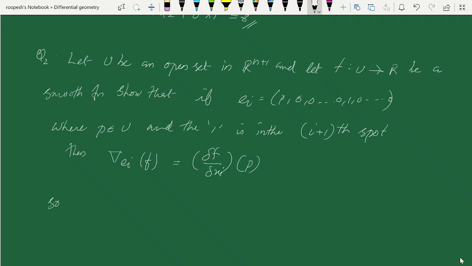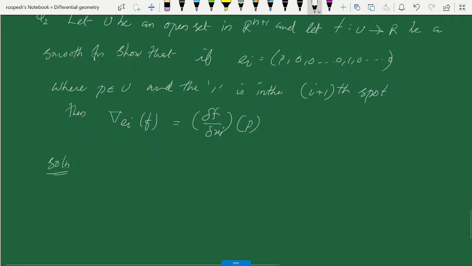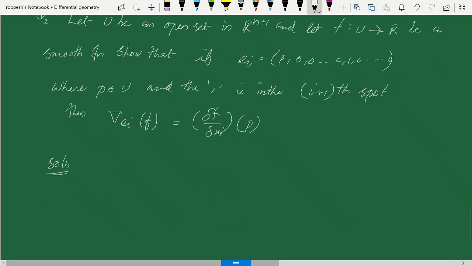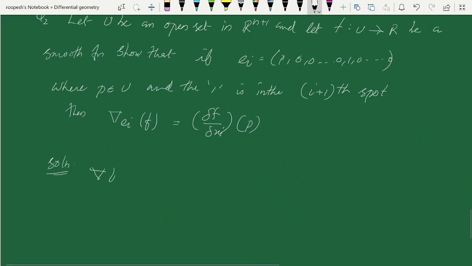Solution. First of all, we want to write the formula. Del f of p is equal to (p, dou f by dou x1 at p, ..., dou f by dou x_(n+1) at p).